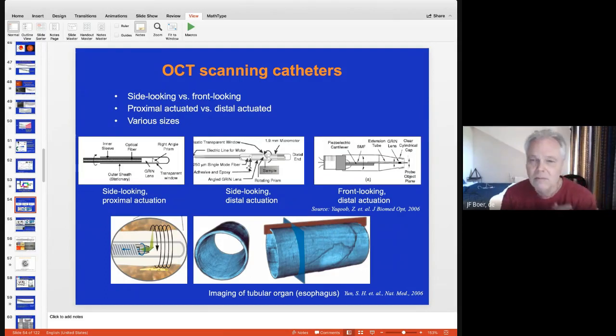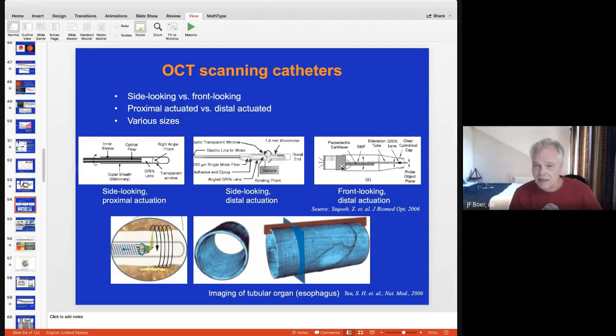Another approach that is gaining popularity is using motorized catheters, which means that you can keep your whole fiber inside the catheter stationary, but you put a little motor at the end. That has quite some challenges because these motors are on the order of a millimeter in diameter, and building a robust, reliable motor that rotates is, for these tiny miniature motors, a challenge.